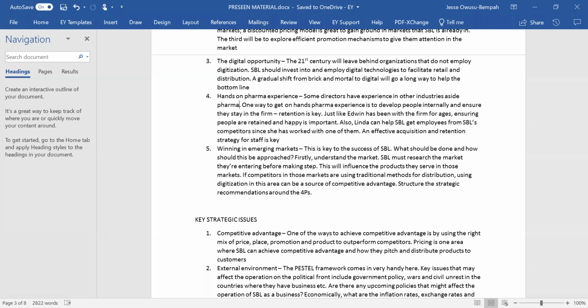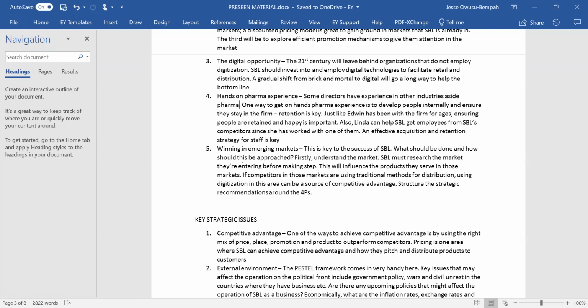You've actually gotten your hands dirty in pharmaceutical experience, let me use that crude word. You have been through the left and right, the do's and don'ts within the pharmaceutical industry. That's my explanation of hands-on pharma experience.